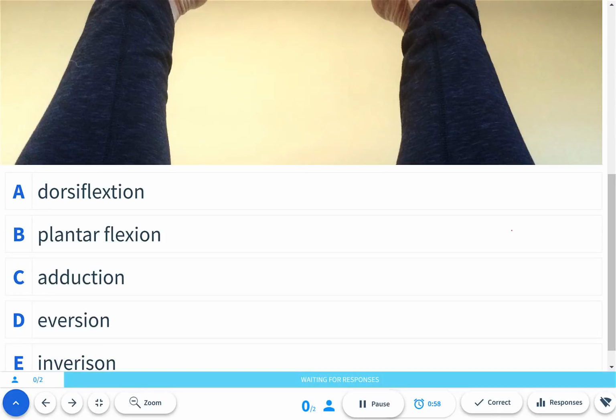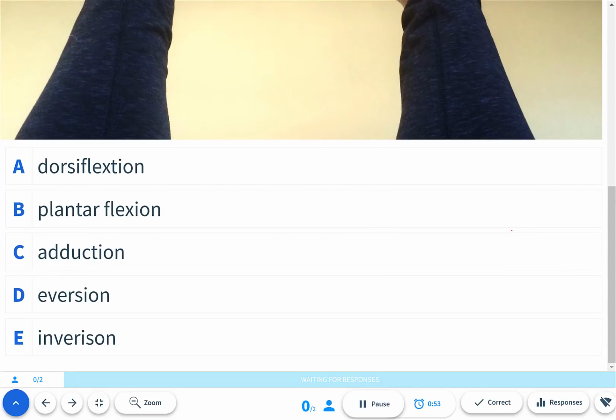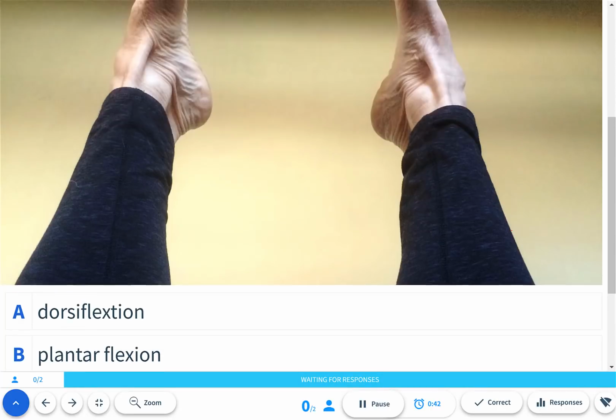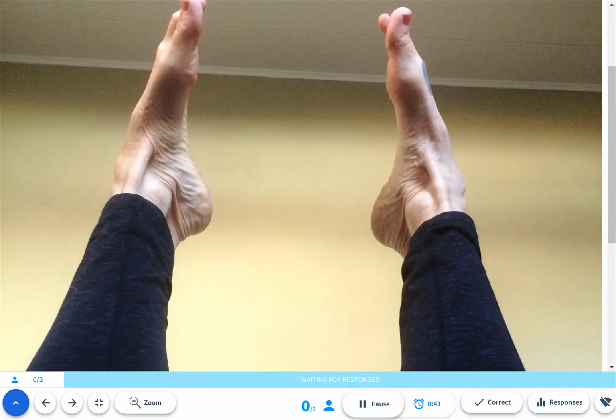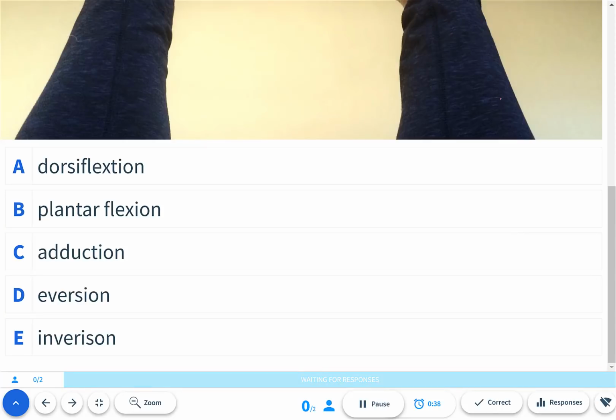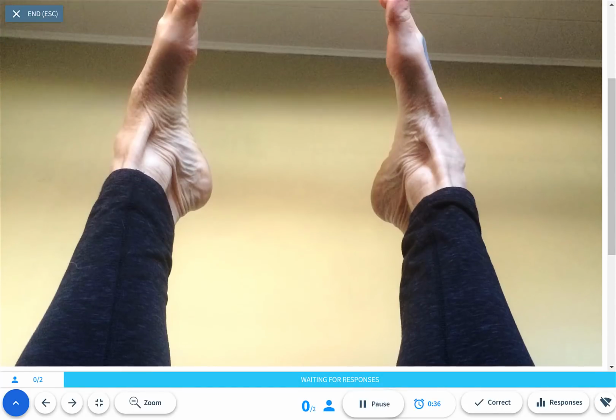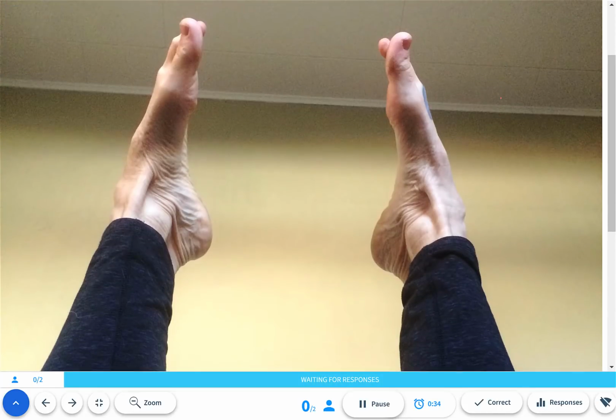Plantar flexion is when the sole of the foot is depressed, and these movements take place at the ankle joint. This is not an adduction, and it is not an eversion. Eversion is when the sole of the foot faces laterally. So this is a movement of inversion. Inversion and eversion are special movements that occur in the foot, in between the tarsal bones.